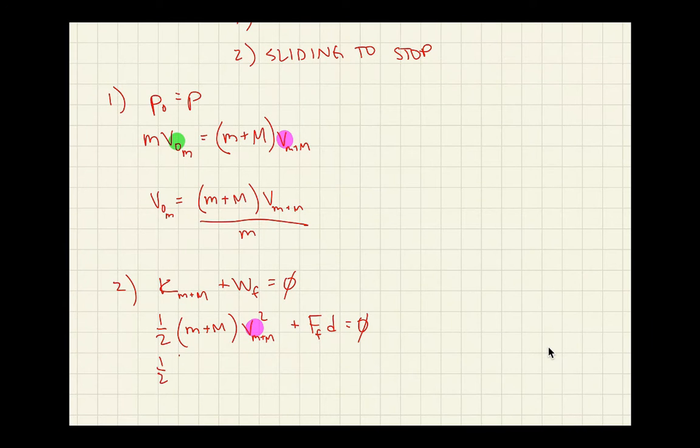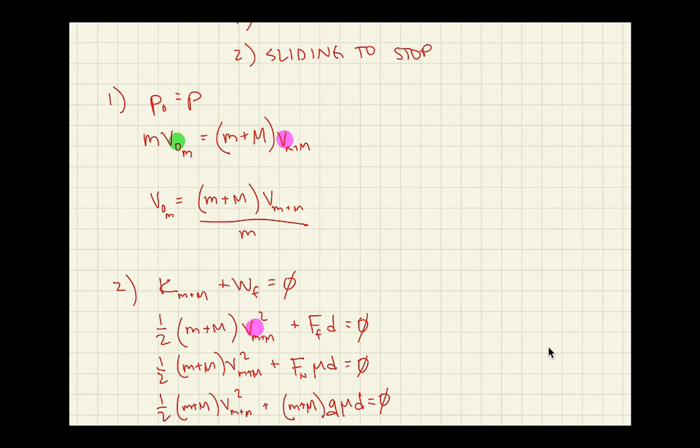This would be 1/2 m plus big M v squared plus force of friction, which is normal force times mu. But I'm not allowed to use normal force either, so I'll have to simplify this further. 1/2 m plus M v squared plus, and then the normal force there is going to be the mass times g, the weight of those two objects. So that would be m plus big M times g times mu times d equals 0.